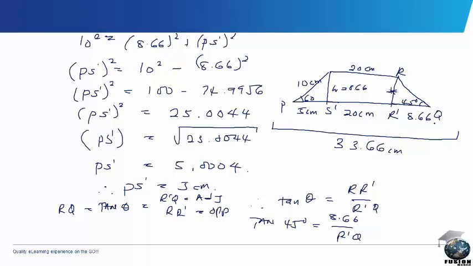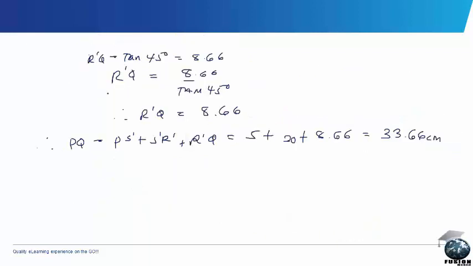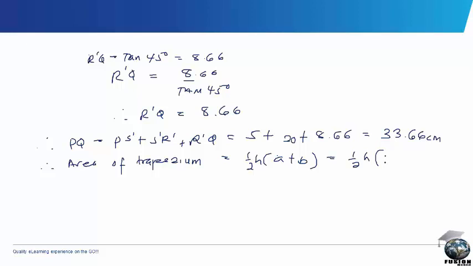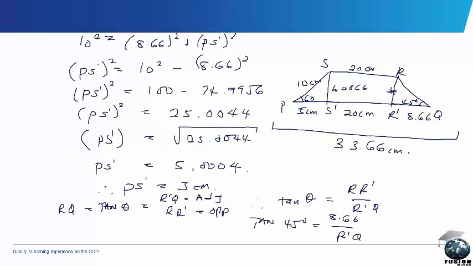Since we have that side PQ and we have this side XR, 20, we can go ahead to determine the area of the trapezium. The area of the trapezium is equal to 1/2 of the height times the sum of the parallel sides, PQ plus XR.